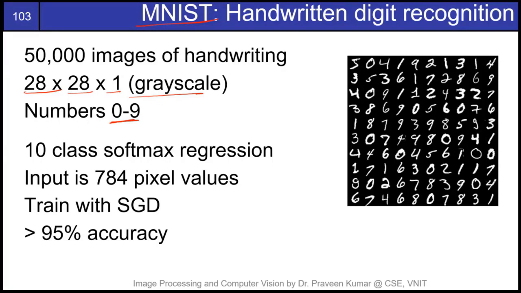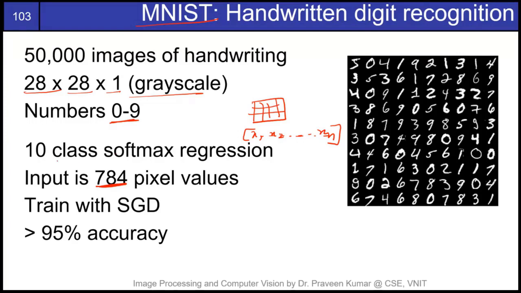So for each image, you just flatten out all the pixel values and make it a single input vector, and you treat it as x1, x2, up to xn, so it becomes a 784 dimension input vector.